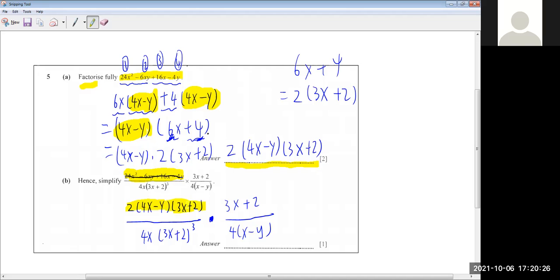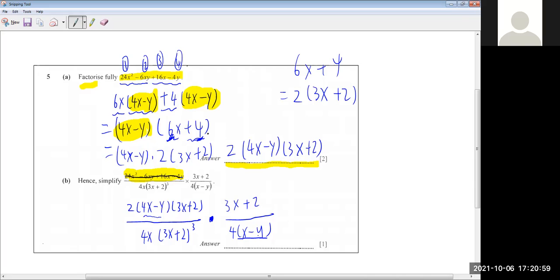When you have this, I hope you can see a few things you can simplify, right? Can you see that your x minus y here, you can simplify it or not? Do you have an x and y? Where's your x and y, by the way? You have a 4x minus y.